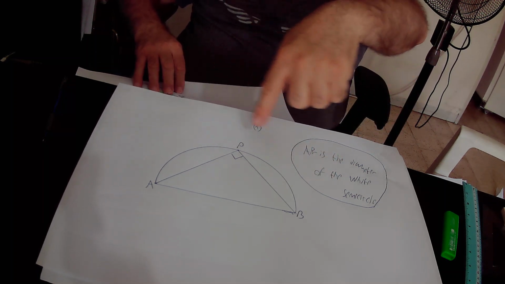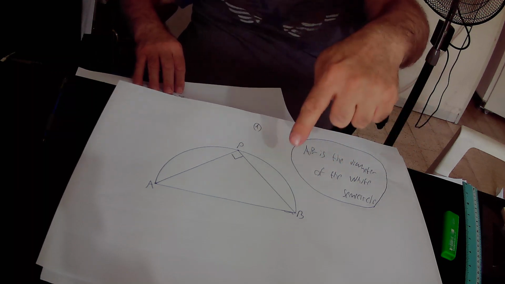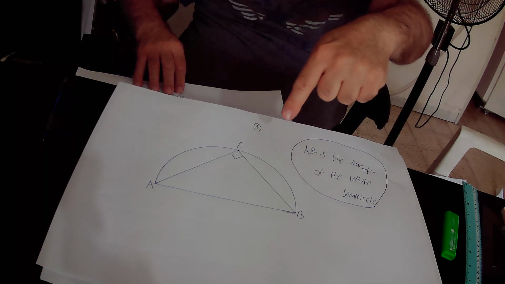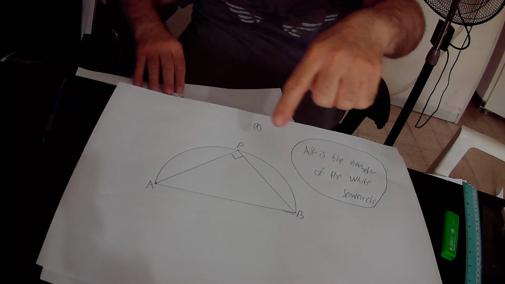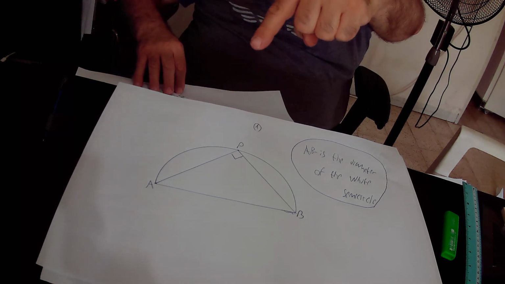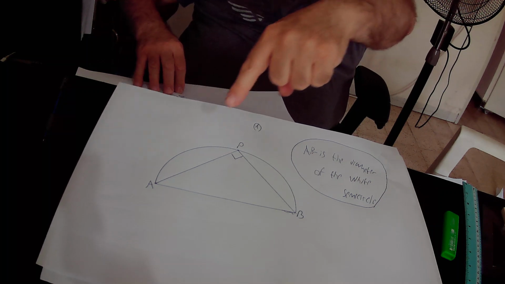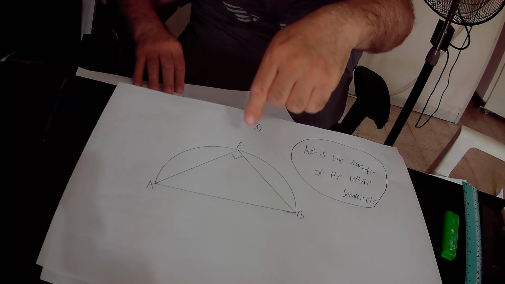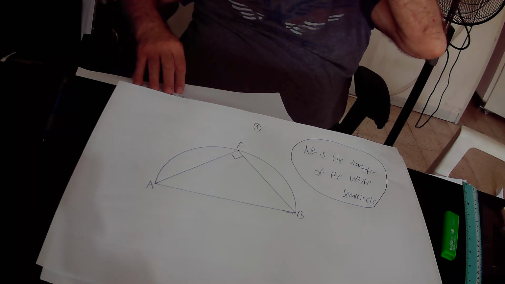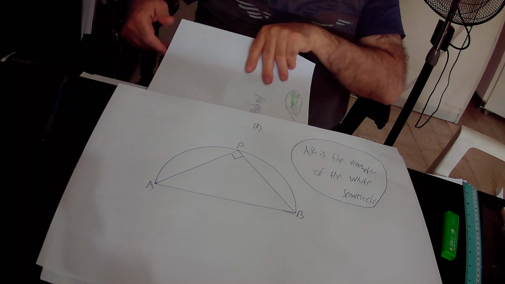This peripheral angle APB is subtended on AB, the diameter of this semicircle, and according to Rule 7, whenever you have a peripheral angle that is subtended on the diameter of the circle, it must be equal to 90 degrees in its size. Therefore, peripheral angle APB must be equal to 90 degrees according to Rule 7. Okay?